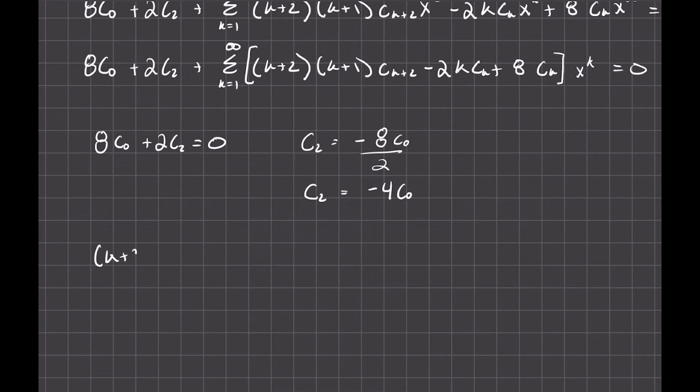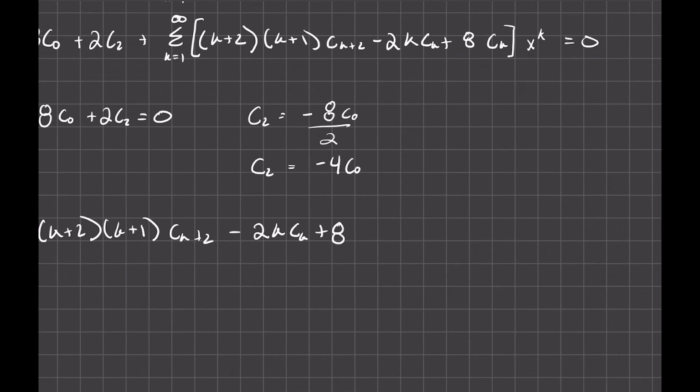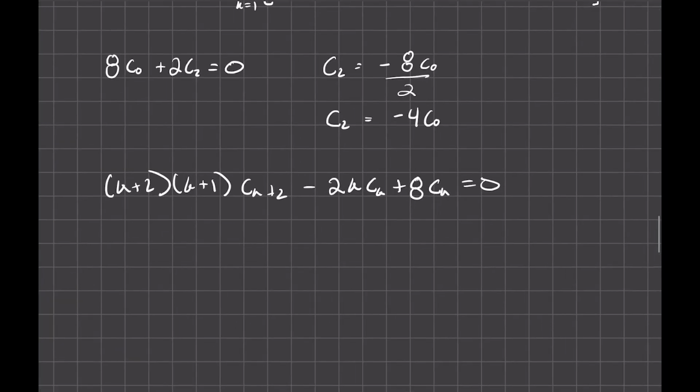So let's now equate the stuff inside the summation to 0. So I'll rewrite all of that. And here we can move the 2k c_k minus 8 c_k to the other side.